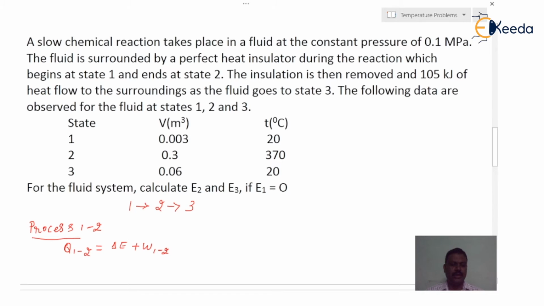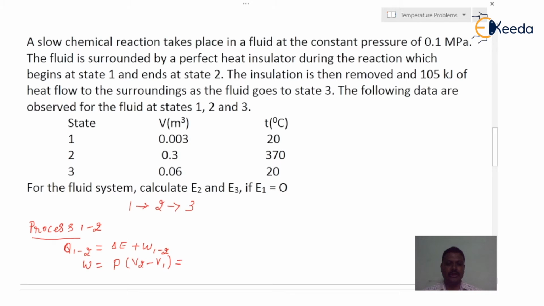Here W from 1 to 2 happens at constant pressure, so W equals P into the displacement volume, V2 minus V1.